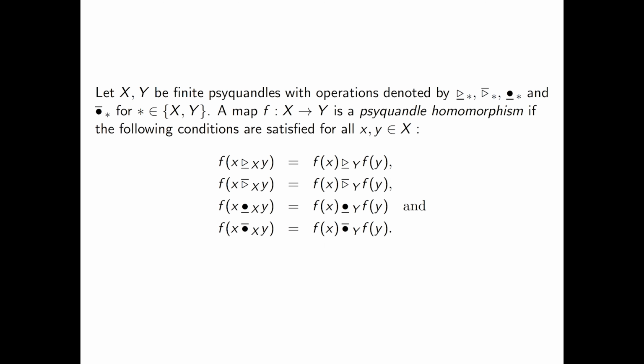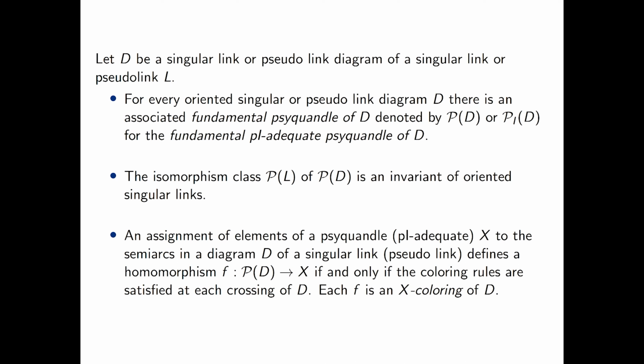Now that we have the idea of a Psyquandle homomorphism, we can start to talk about these colorings of the diagrams of singular links and pseudolinks by maps instead of just the labeling of the diagram. Here D is going to be a singular link or pseudolink diagram of some singular link or pseudolink. For every such diagram D, there's an associated fundamental Psyquandle of that diagram.